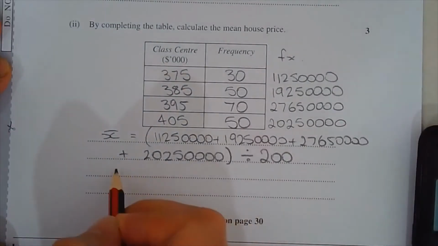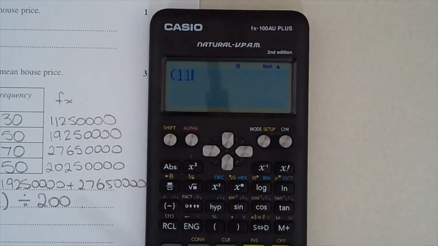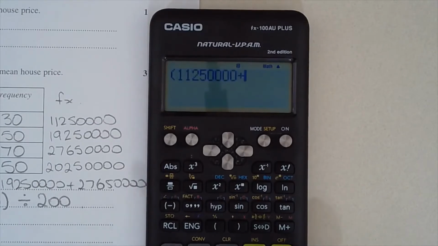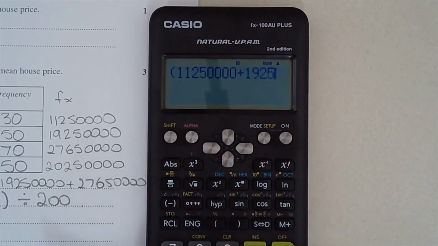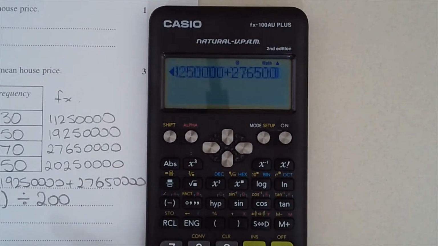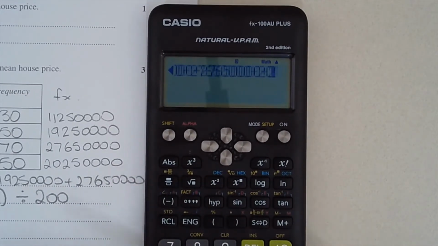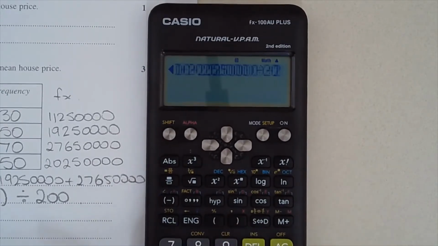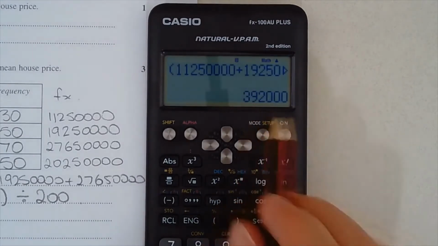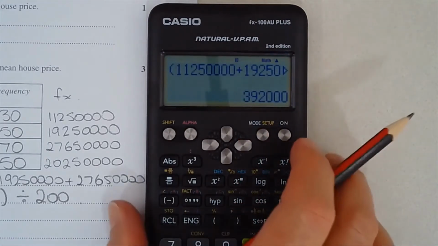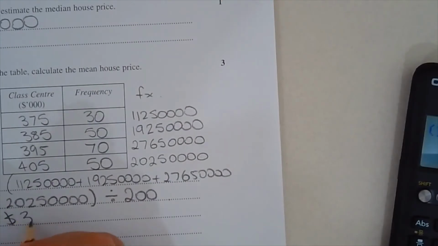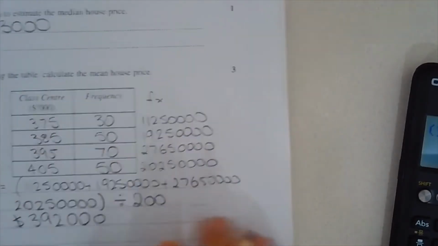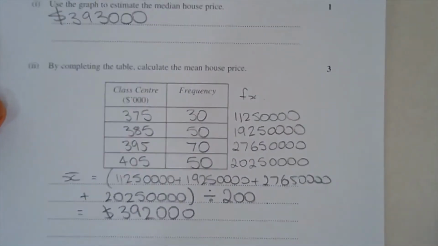And that'll be the mean. So let's do that. Divide that by 200, and we get 392,000 as our mean house price based on that data.